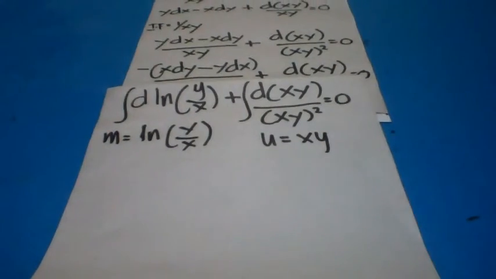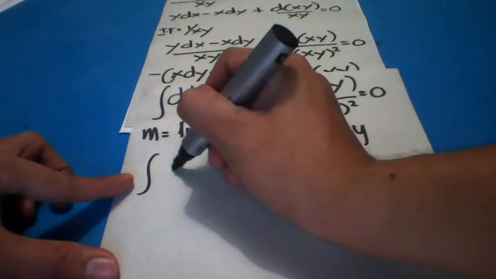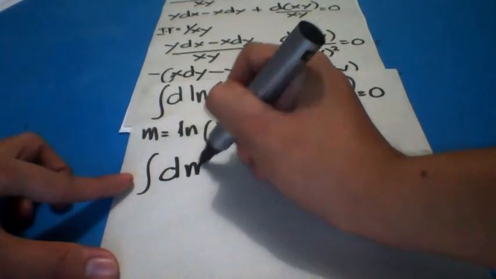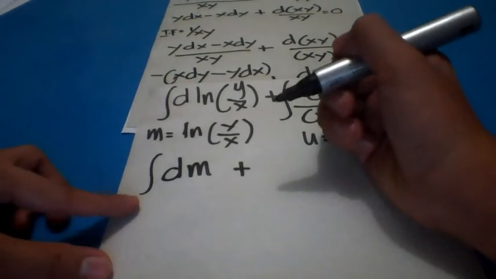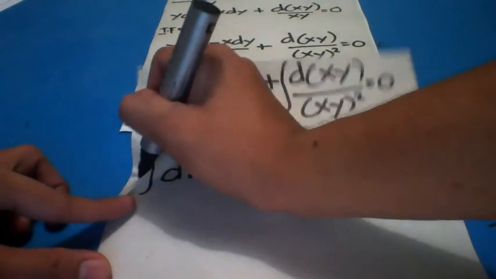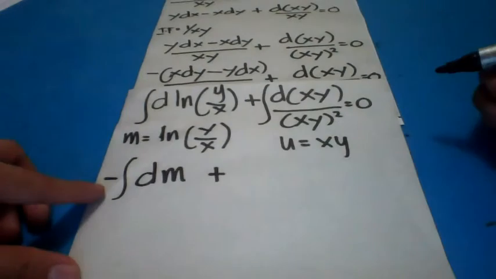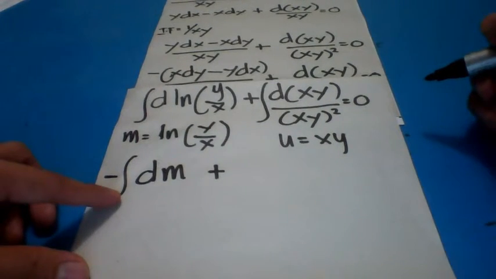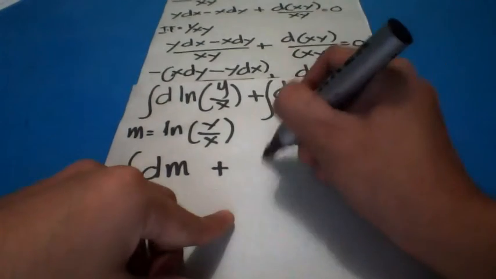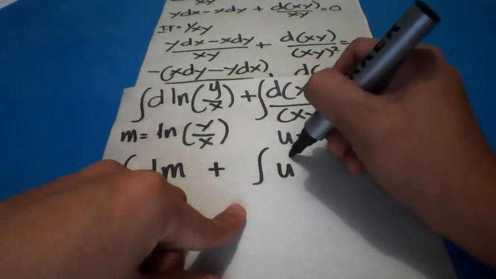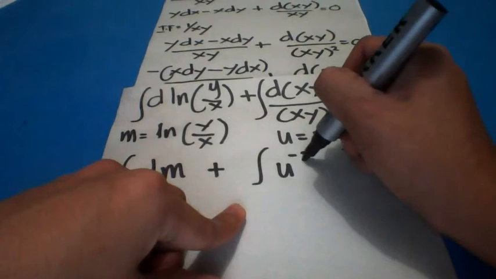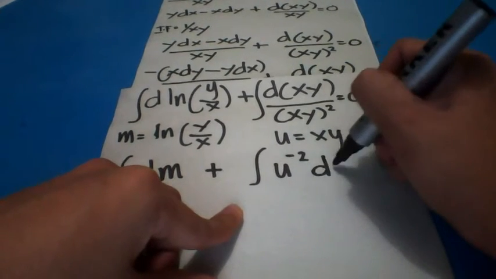So I have here the integral of dm plus the negative sign, plus the integral of u to the negative 2 du equal to 0.